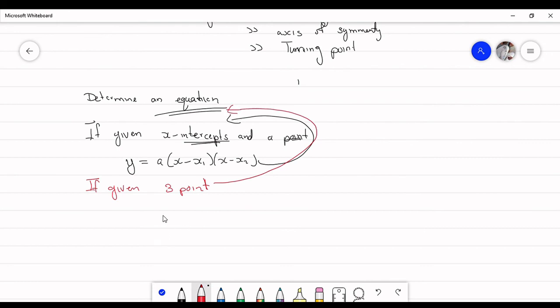So to find the equation, you use the formula that says y is equal to ax squared plus bx plus c. So therefore, you need to find your a, b and c. Because you have 3 unknown variables and 3 points, you need to solve this simultaneously.